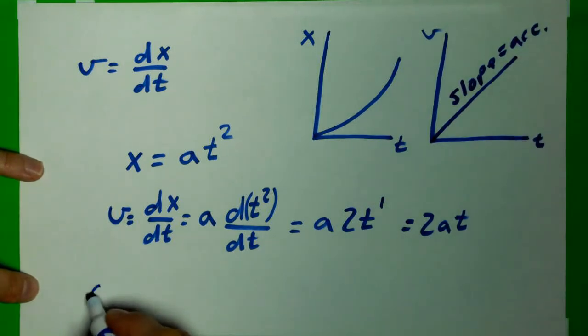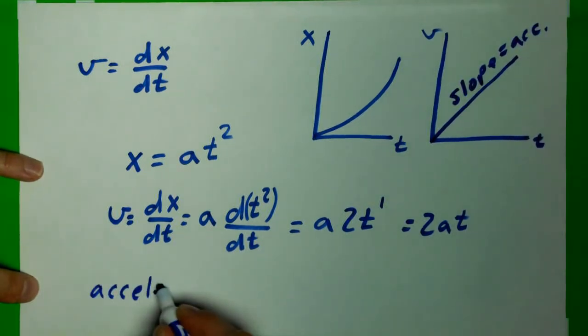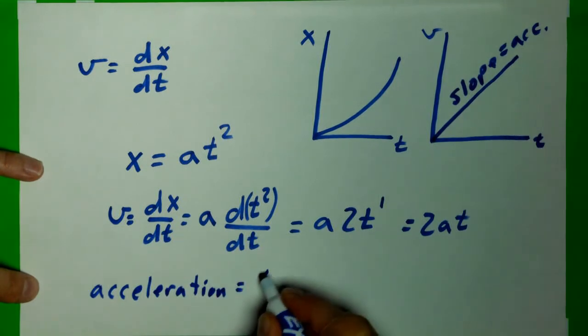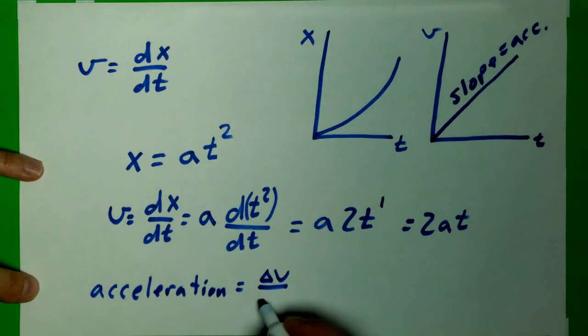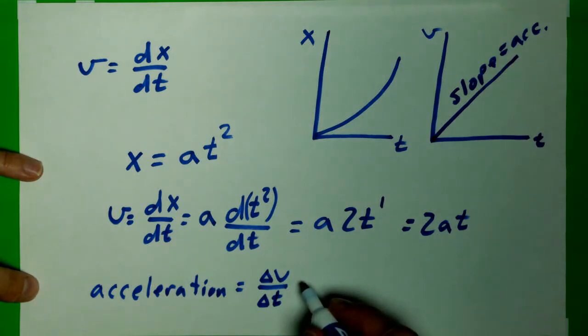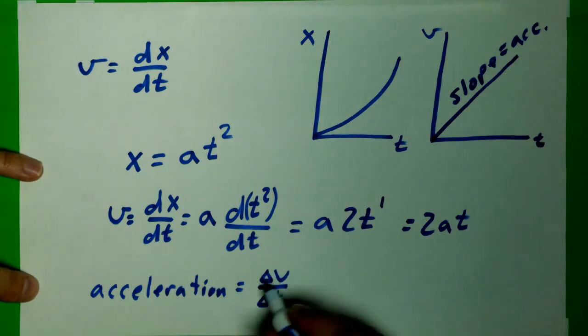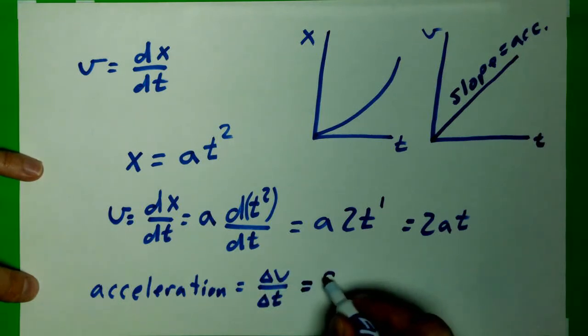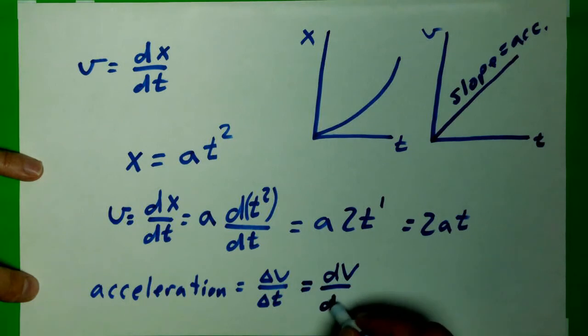Okay, so acceleration is equal to delta v over delta t, and for things that are changing non-linearly, no matter how v is changing, we could take that to the calculus limit and say it's dv dt.